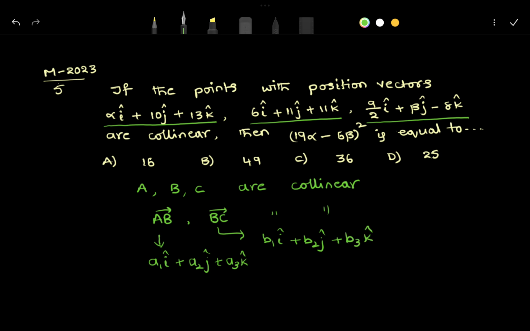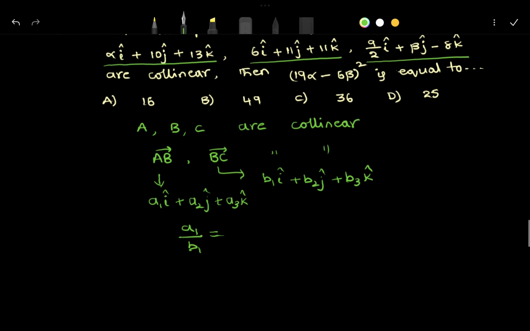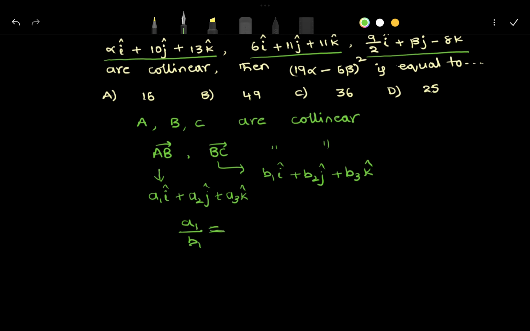If the two vectors are collinear or parallel, the condition will be A1 by B1 is equal to A2 by B2 is equal to A3 by B3. This is the basic formula, so please all of you remember this one.